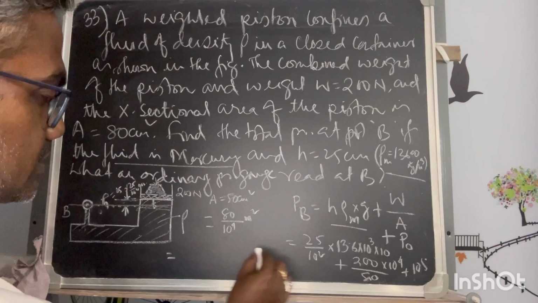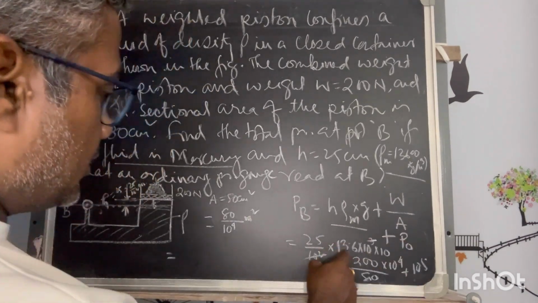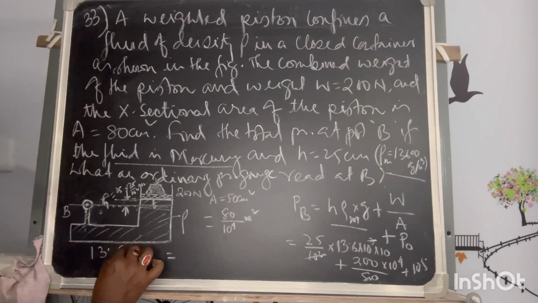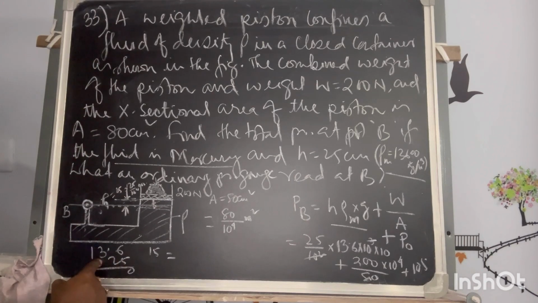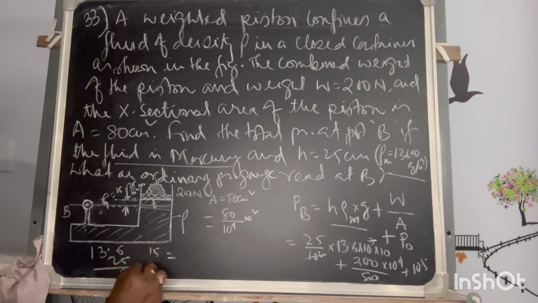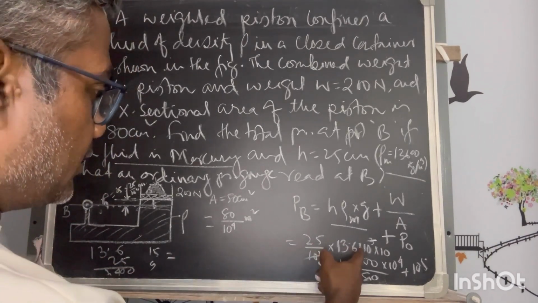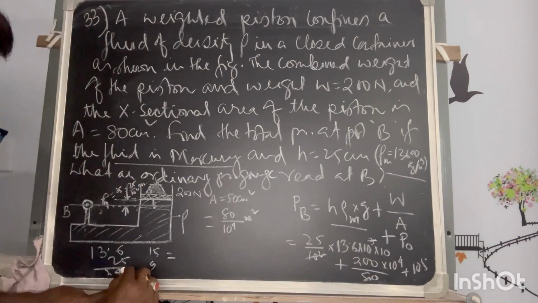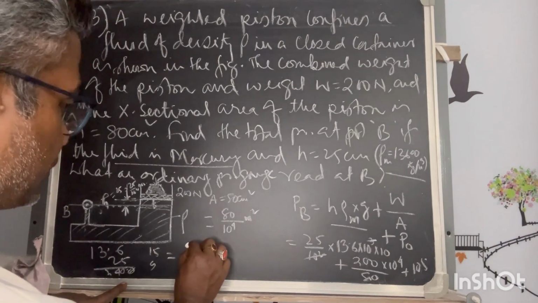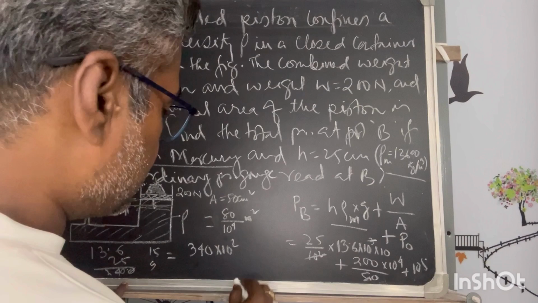So all total, if I cancel 10 square, 13.6 into 25: 15, 75 plus 15 is 90, 25 plus 9, 34. So 34 will be the first part. If I multiply, 340 into 10 to the power 2 will be the first term.